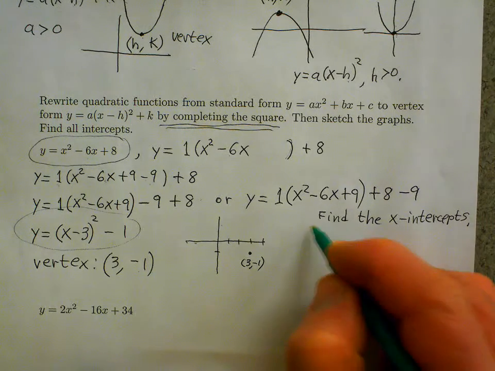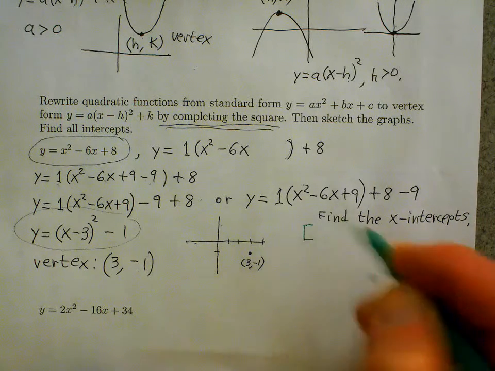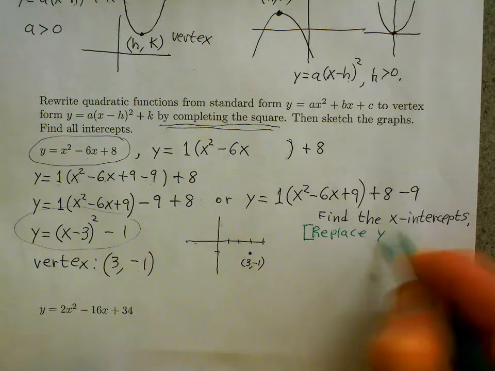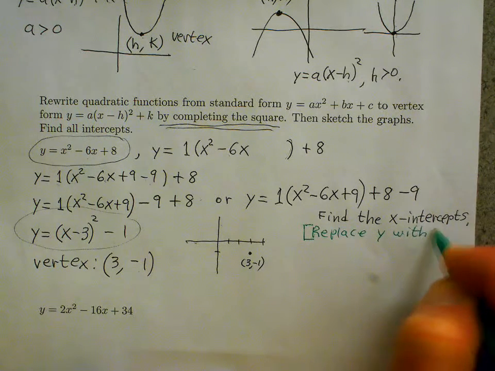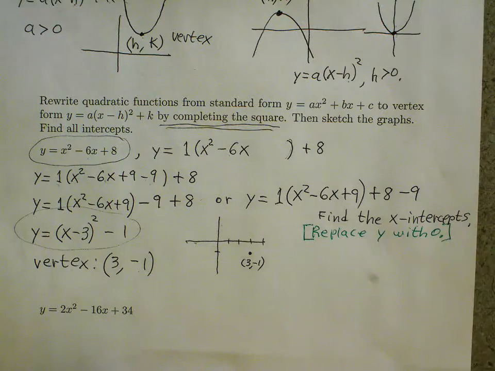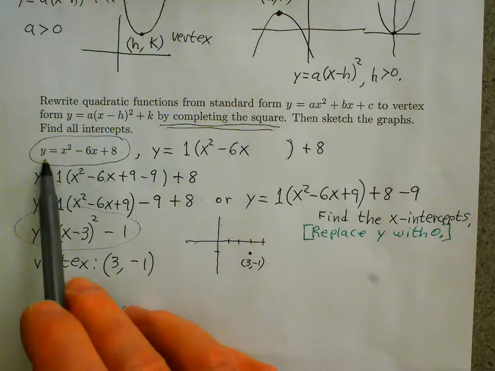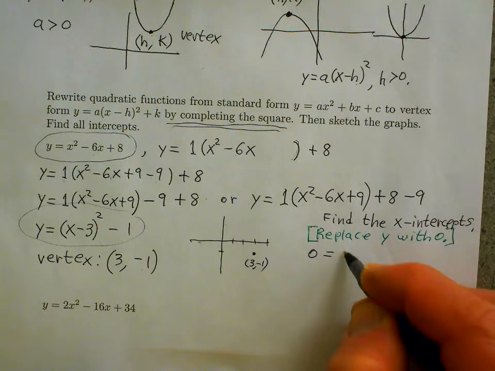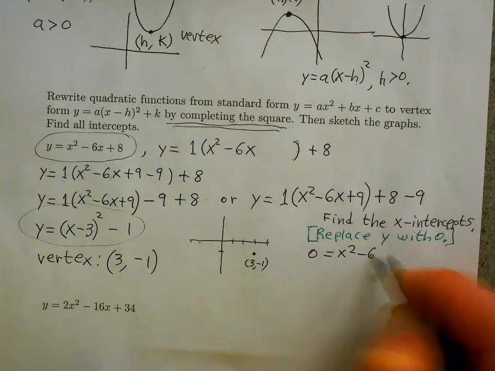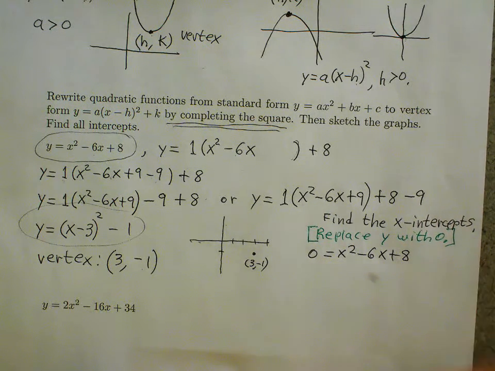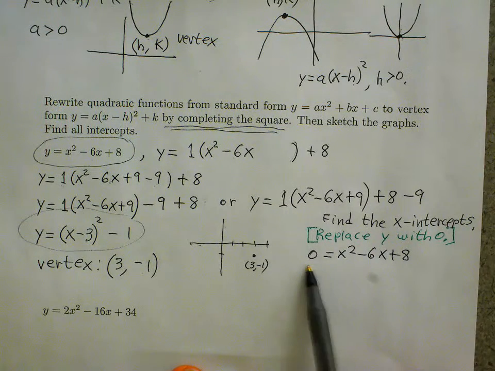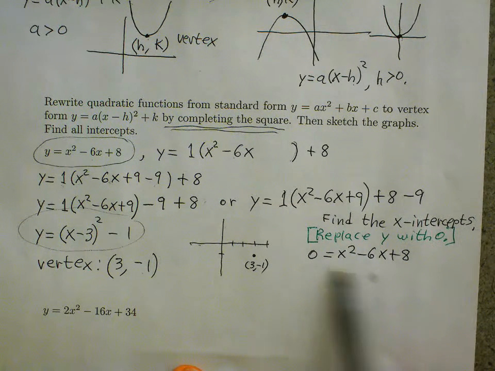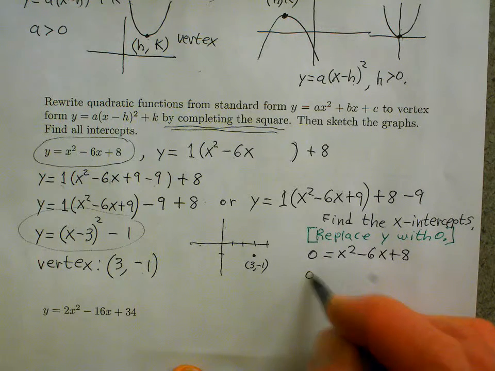So I'll write that as a reminder. Replace y with 0, and then solve for x. If we use the standard form, replace y with 0, we get 0 equals x squared minus 6x plus 8. And we can always use the quadratic formula, but this time we can solve by factoring.